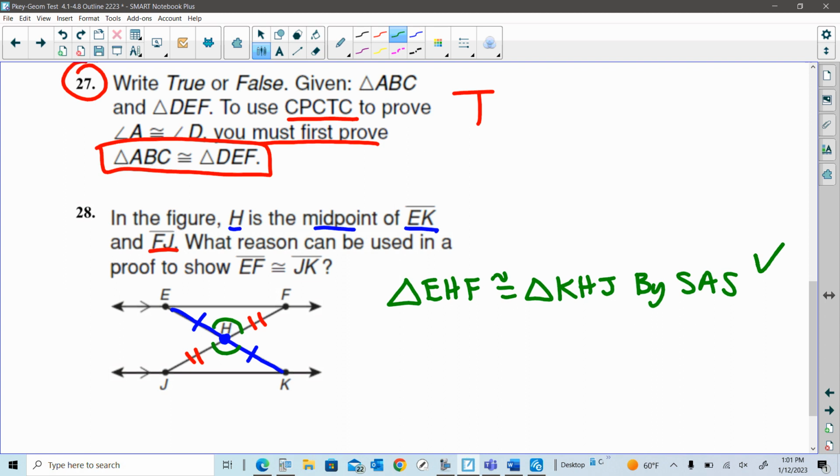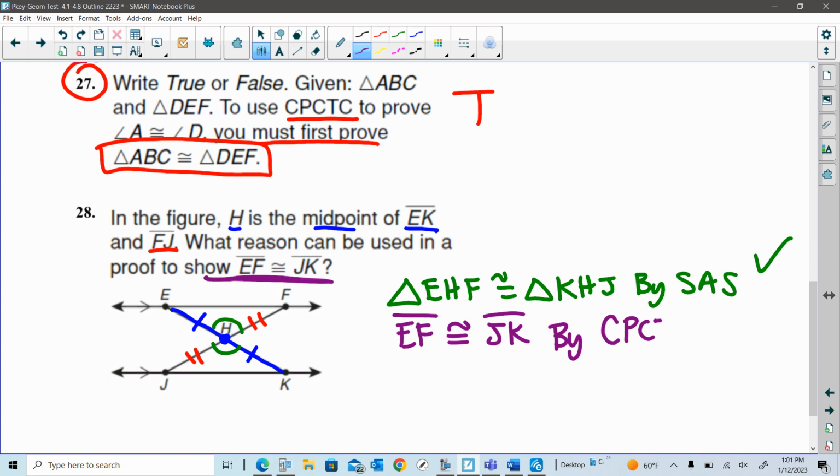Because I made that statement, you can now show that the 2 sides are congruent. So I can show that segment EF is congruent to JK, and I can show it now by saying CPCTC.